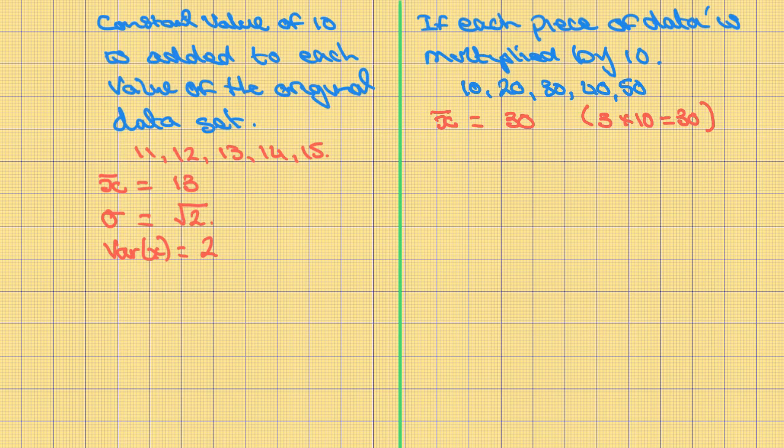If you look at the spread of the data now, the data is a lot more spread out. In fact, there is 10 times as much space between each piece of data. The distance between 1 and 2 is 1, but the distance between 10 and 20 is now 10.